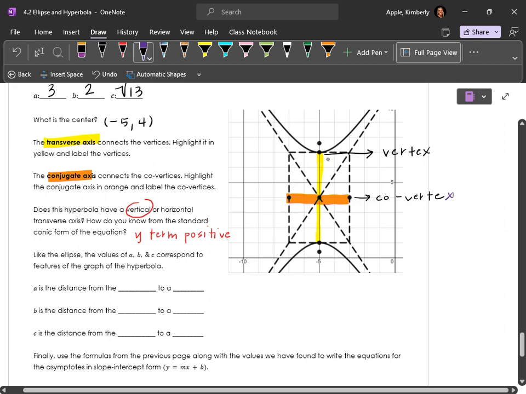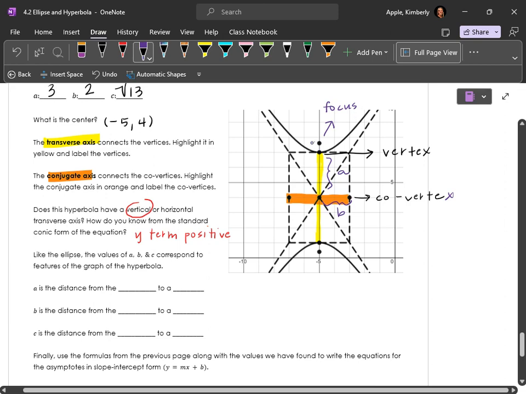So this value from a vertex to the center, based off what we saw with the ellipse, what do you think that's going to be, a, b, or c? a. The distance from the center to a co-vertex is going to be b. And the distance from a focus, which is this, remember the focus still looks like it normally does inside of the curve.